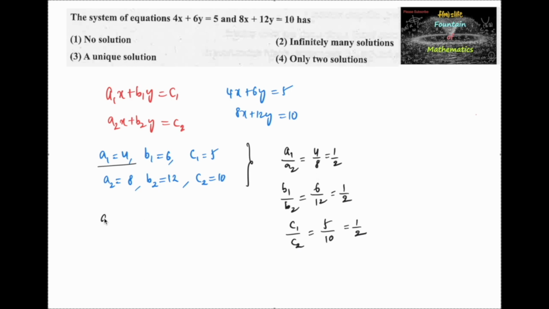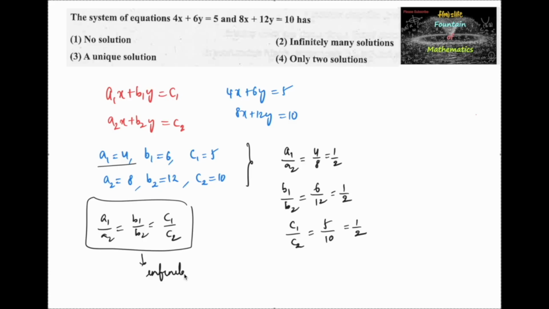So here a1 by a2 is equal to b1 by b2 is equal to c1 by c2, which is a condition for infinitely many solutions. So we can go with option 2. The given system of equations has infinitely many solutions.